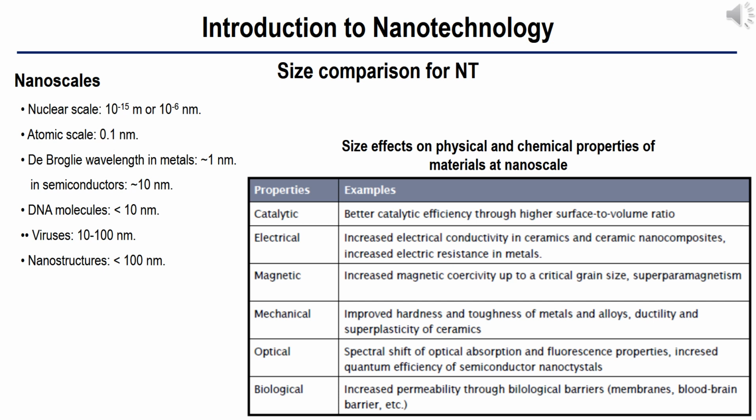Why is it important to know about the size of the nanotechnology? It's mainly because nanosize gives peculiar, special, unique, and advanced physical and chemical properties. For example, nanosize can give better catalytic properties based on higher surface-to-volume ratio.